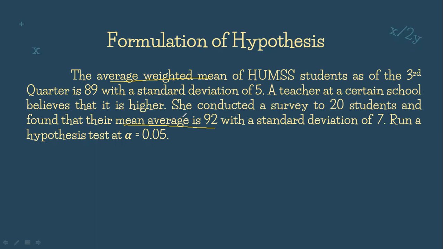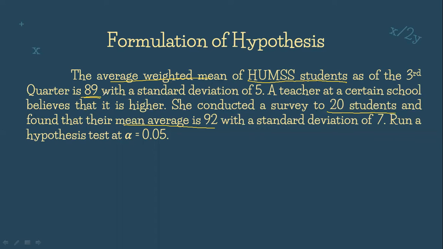So ano po bang mas malaki? Is it the 20 students only here or the humanities and social sciences students opo, sa buong campus? So still, ang mas malaki po is yung humanities and social sciences. So ibig sabihin po, ang kukunin po natin is yung average weighted mean po ng yung students. At ilan po yun? 89.